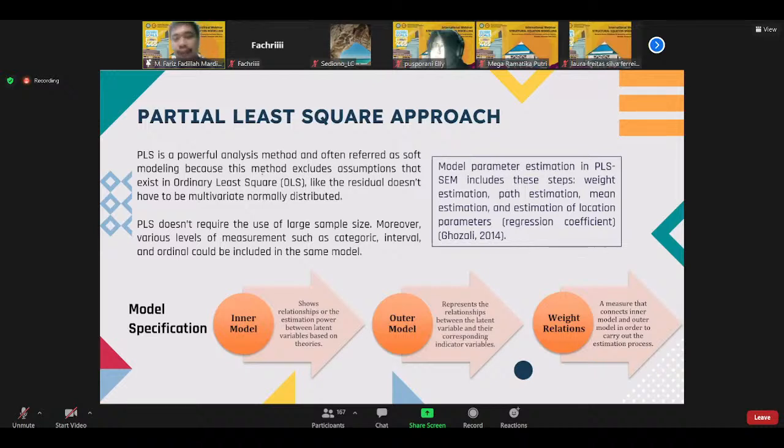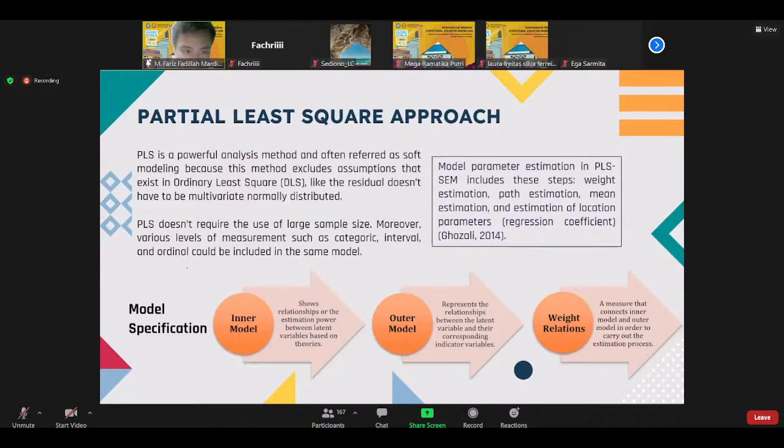So when you use covariance-based structural equation modeling, as already discussed by Dr. Hashem, and the data is not normally distributed, the partial least squares approach can become an alternative. PLS doesn't require the use of a large sample size. Moreover, various levels of measurement, such as categorical, interval, and ordinal, could be included in the model.